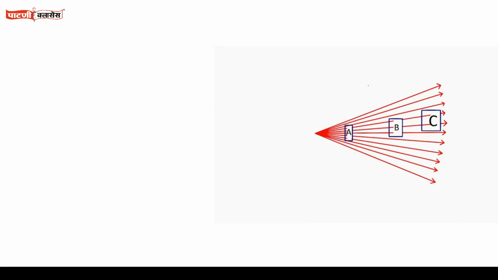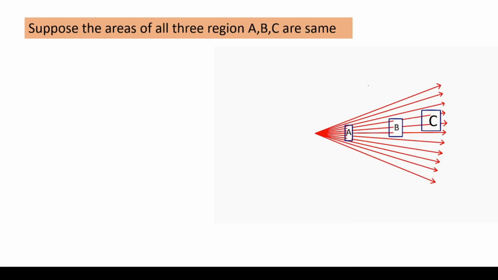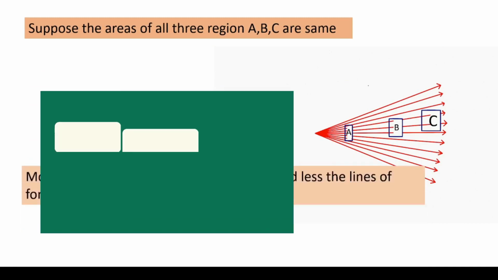From the above discussion, let us summarize the points. Suppose the areas of all three regions A, B, C are the same.